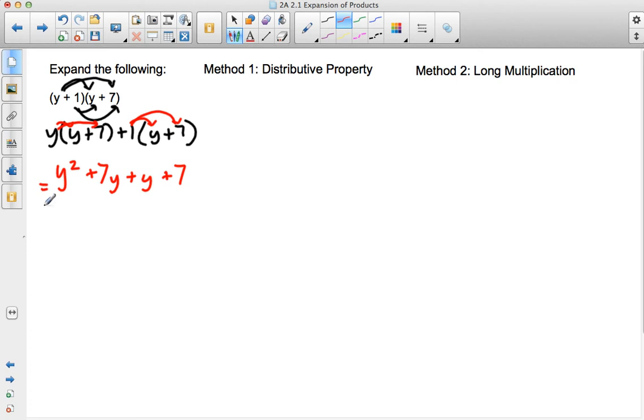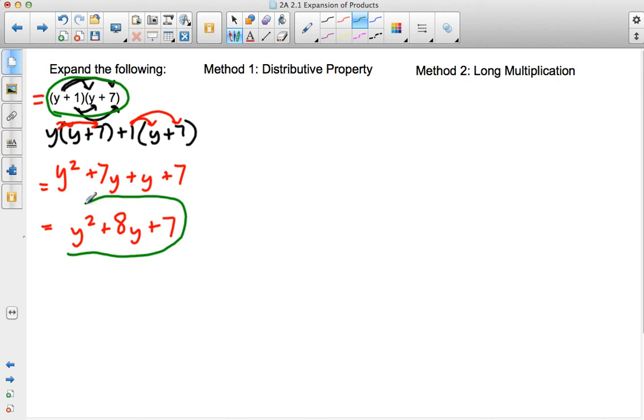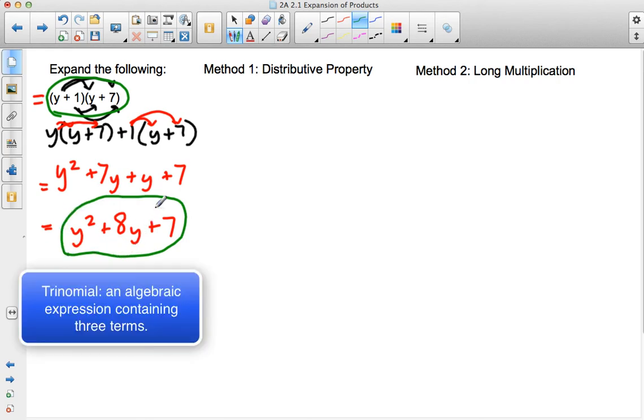If I combine my like terms, I get y squared plus 8y plus 7. I have expanded from factored form. Usually when you see this, this is known as factored form, to expanded form. I know my answer is complete because it is set up as a trinomial.